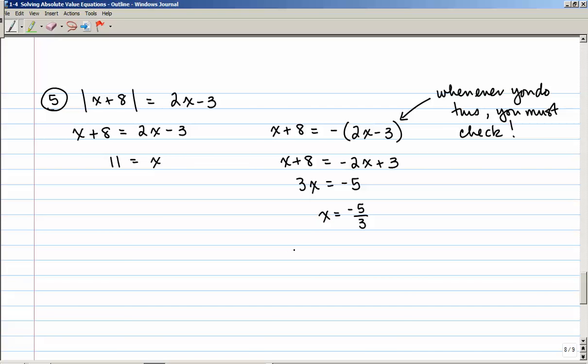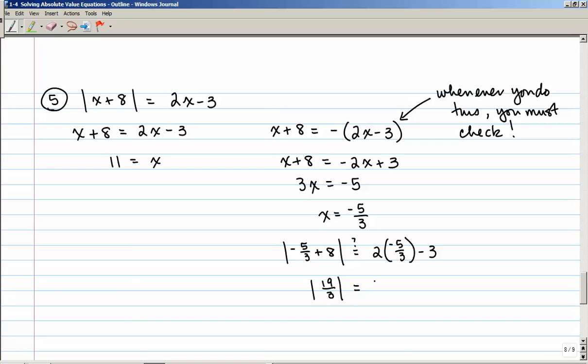Okay? So remember what checking is: I take my solution and I plug it into the original equation. Is the absolute value of negative 5/3 plus 8 equal to 2 times negative 5/3 minus 3? You can actually use your calculator to simplify this. You can do this addition in your calculator, and it comes out to be the absolute value of 19 over 3.